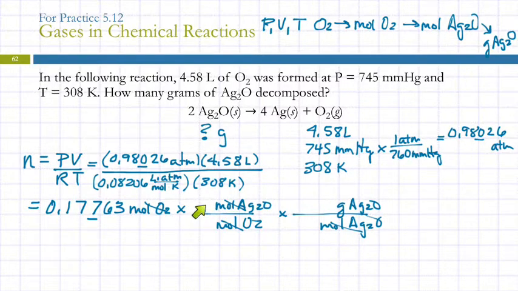Mole ratios always come from the balanced chemical equation: 2 moles of silver oxide produce 1 mole of oxygen. Then I need the molar mass of silver oxide. It's 107.9. I've almost got that one memorized. 107.9, that's the mass of silver, plus 16 for the oxygen.